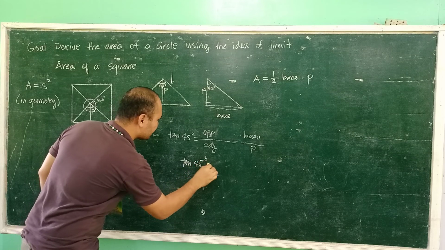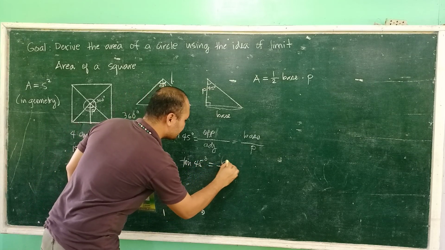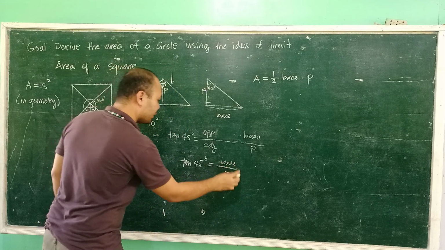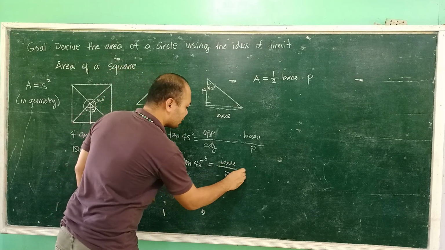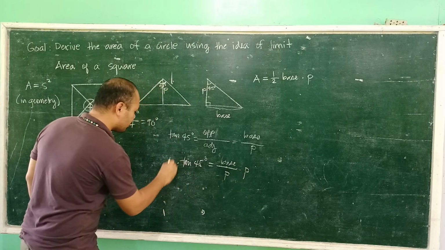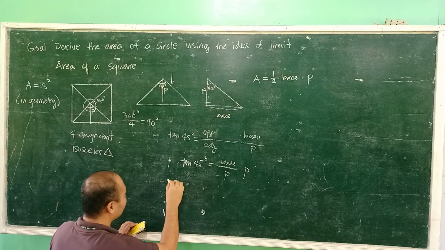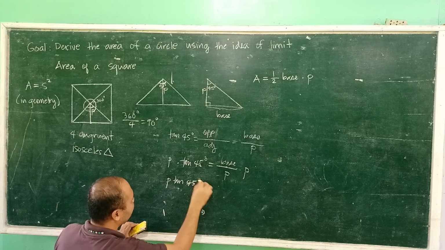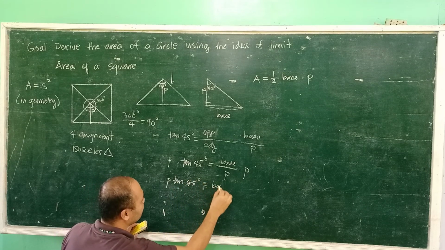So we have an equation: tangent 45 degrees is equal to base over P. We are looking for the base, so we multiply both sides by P. You have P tangent 45 degrees is equal to base.